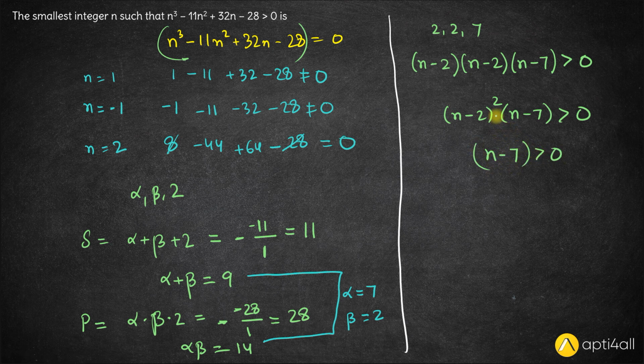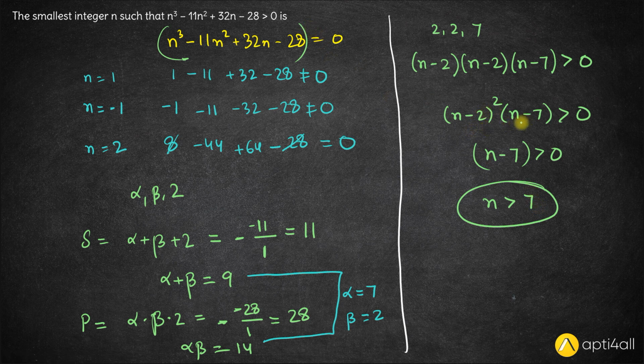If you remember from inequalities, we can ignore those terms which have an even power. So we just need to simplify that n minus 7 is greater than 0, hence n should be greater than 7. You just need to make sure that you don't have equality. Since there is no equality here, for any value of n greater than 7, it should not be equal to 0, which is fine.